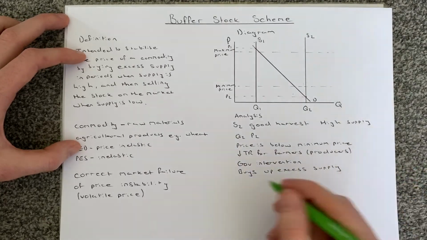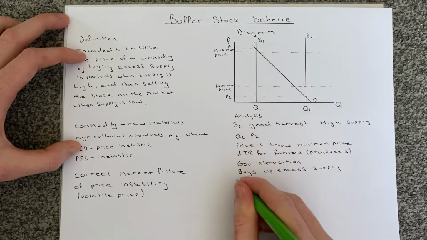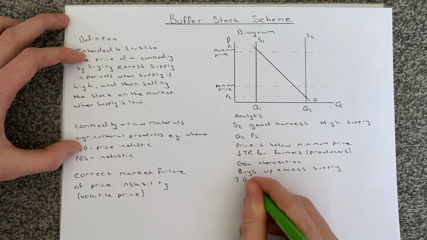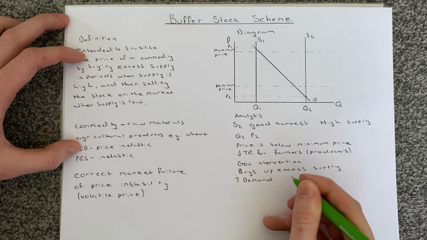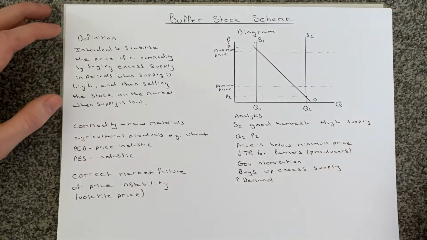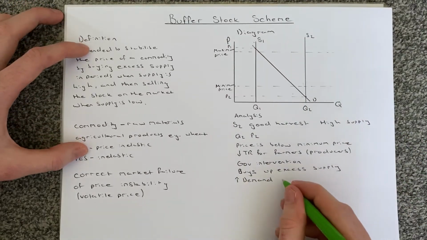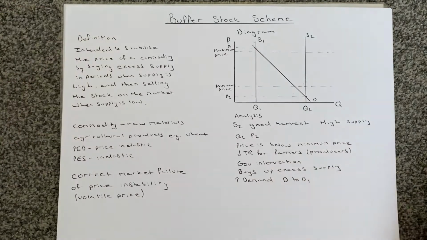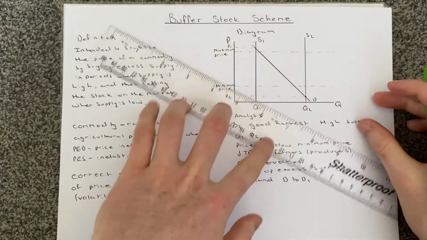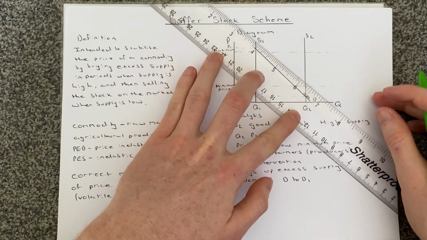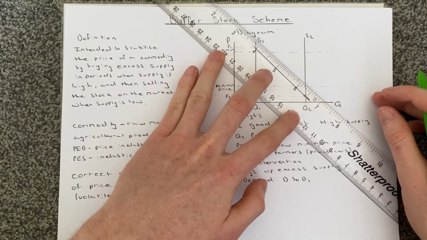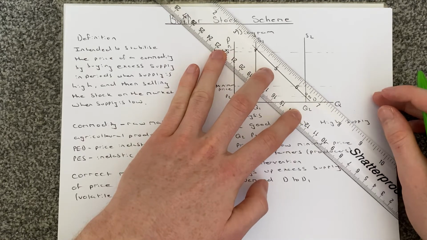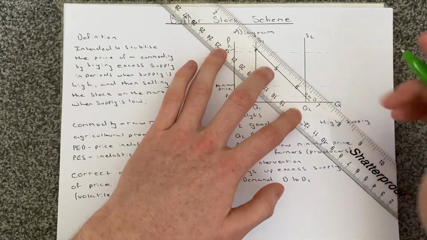The government buying up the excess supply causes an increase in demand for wheat in this case. So demand increases from D to D1, and we can therefore add in a new demand curve to our diagram. So let's add in a new demand curve.